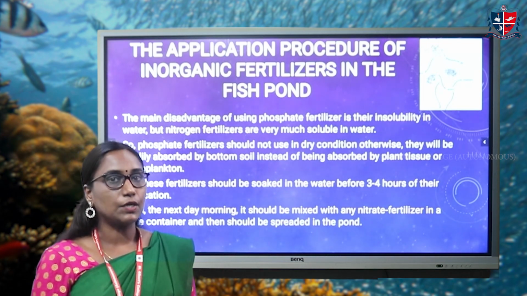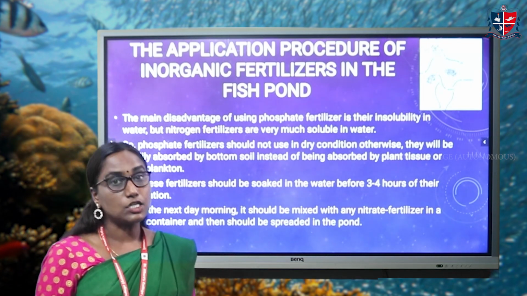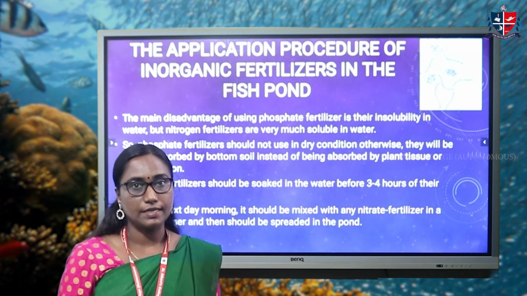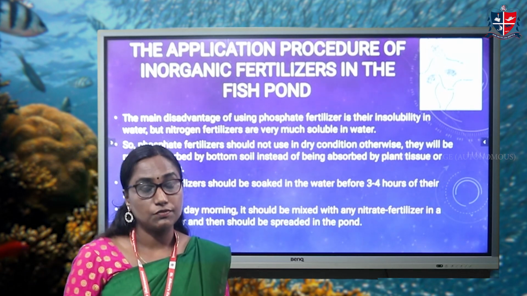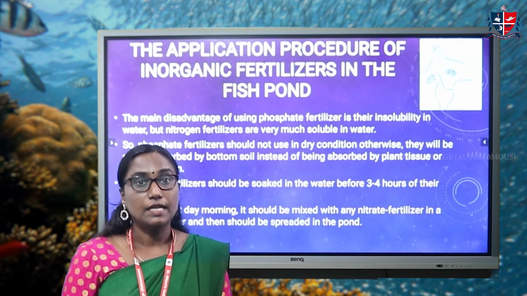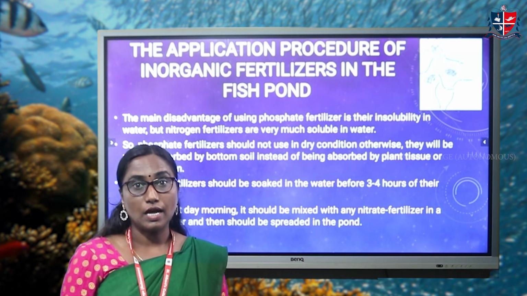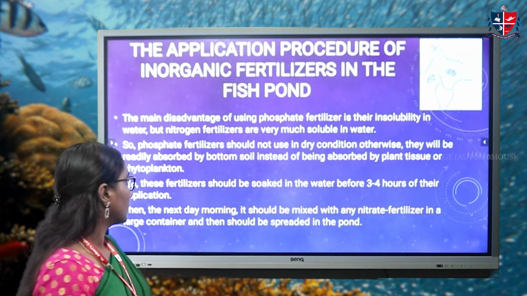The main disadvantage of using a phosphate fertilizer is its insolubility in water, but nitrate fertilizers are readily soluble. So, when we apply phosphate fertilizer in dry condition, it is readily absorbed by the bottom soil instead of being absorbed by the plant or phytoplankton in the water.